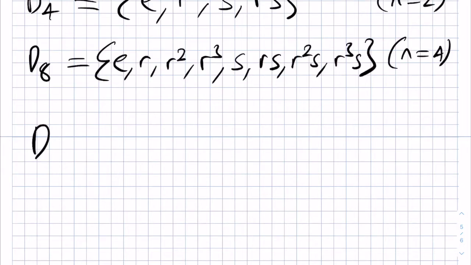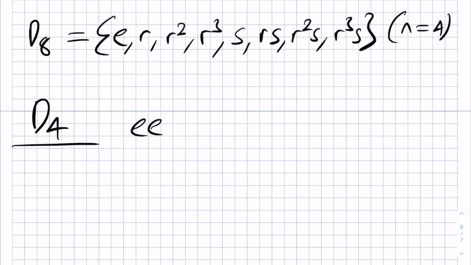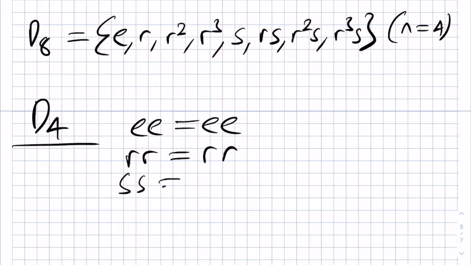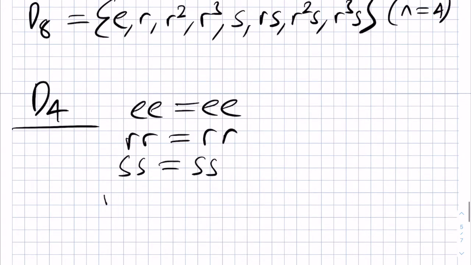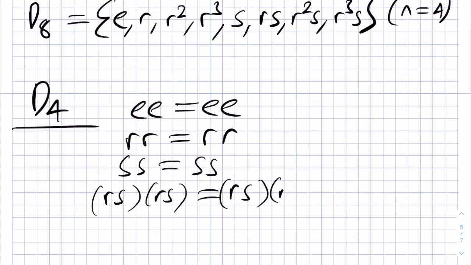So if we're working in D4 to start with, ee is the same as ee, rr is the same as rr, ss is the same as ss, and rs times rs is the same as rs times rs. This is always true because we're taking the same element, and so the order does not matter.